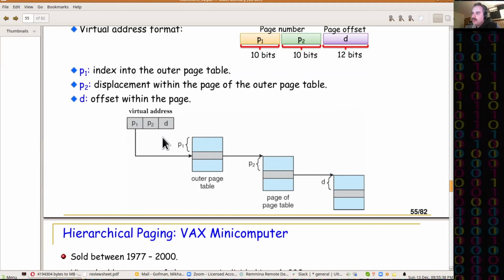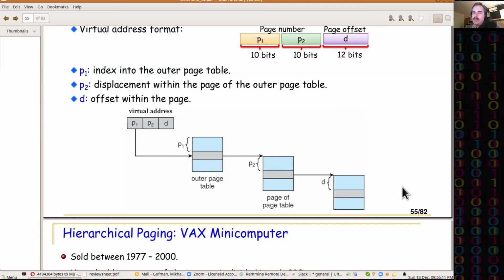Now, the problem is if this goes on for many levels, this can result in hierarchical page tables being really slow. Remember how we said that even with traditional page tables, each memory access becomes 2 memory accesses. This is because whenever a process issues a virtual page request, we have to first translate it using the page table, and then based on the physical address that we get, then we access the physical memory.